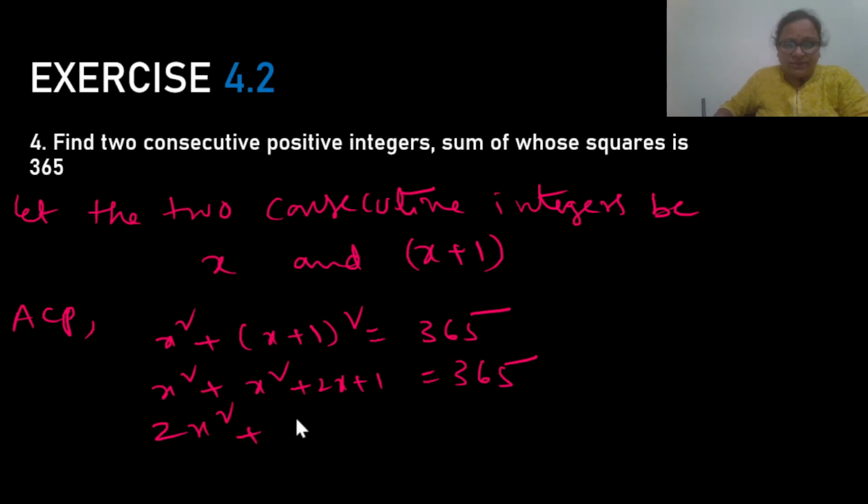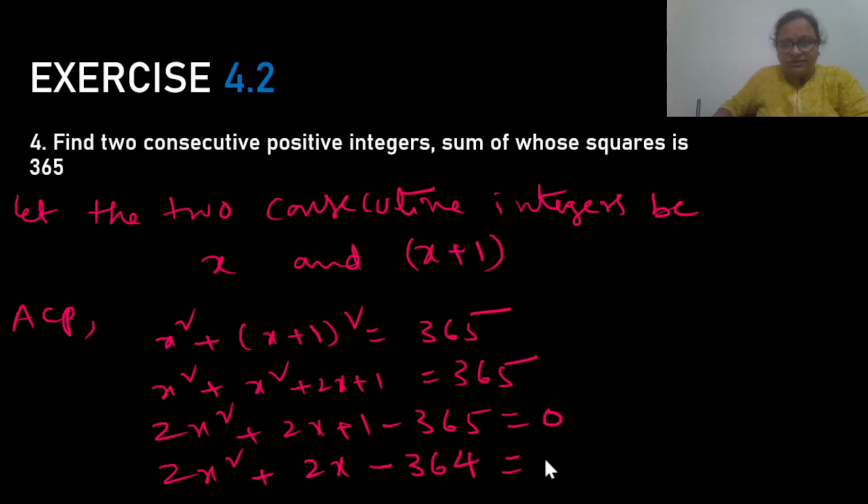2x square plus 2x plus 1 minus 365 is equal to 0. 2x square plus 2x minus 364 is equal to 0. Divide by 2 throughout the equation. We are getting x square plus x minus 182 is equal to 0.